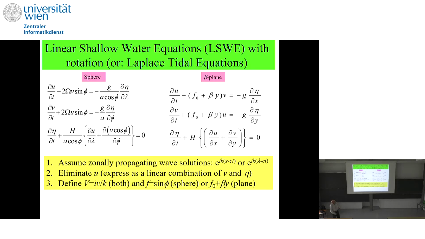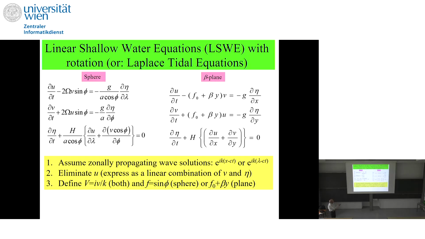In x and t there are no x and t coefficients here, so we can separate. We can assume by Fourier decomposition e to the i kx times e to the minus i omega t in x and y, and here e to the i k lambda times e to the minus i k c t. Okay?